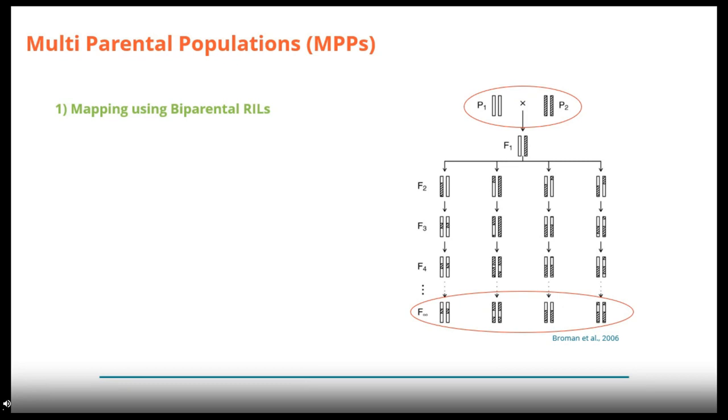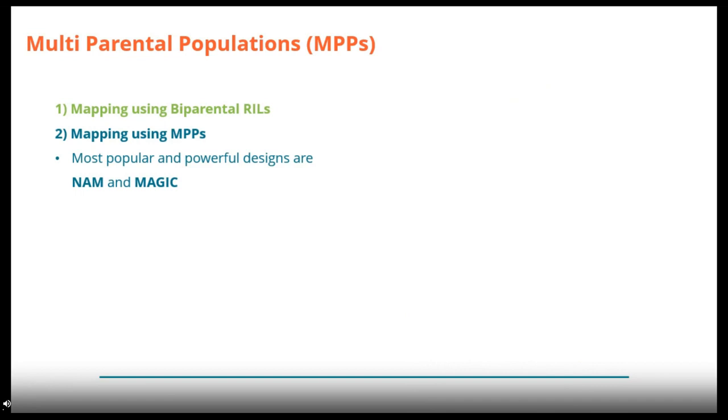So what you can do, you can also perhaps use association mapping, in which you take the whole or a very good representation of the diversity of the species you are working with, and you try to associate the phenotype you measure with this broad genetic diversity, but you totally ignore the parental information. You totally miss the pedigree. So to bridge the gap between mapping using biparental recombinant inbred populations and association mapping, here we have multiparental populations.